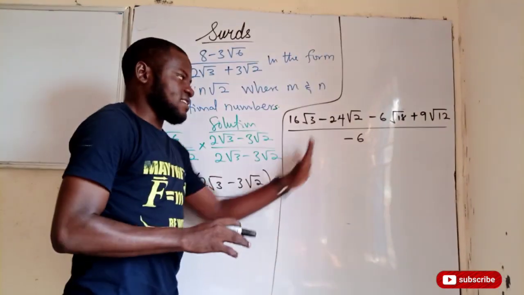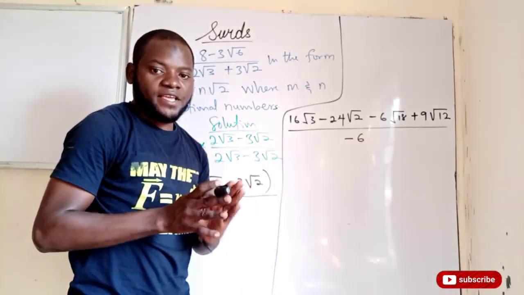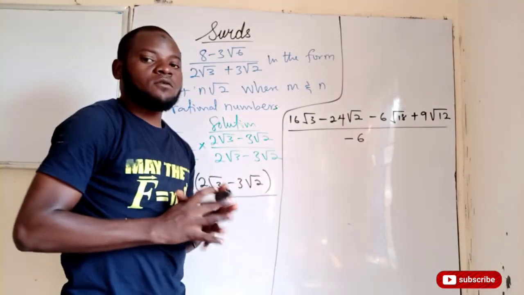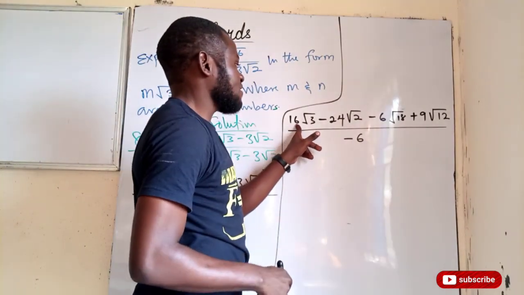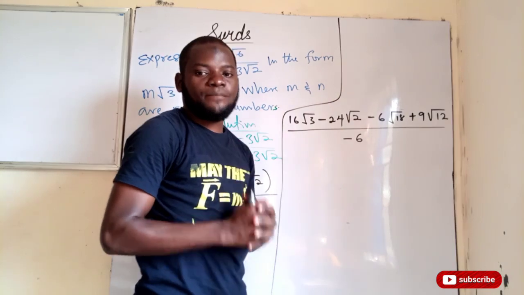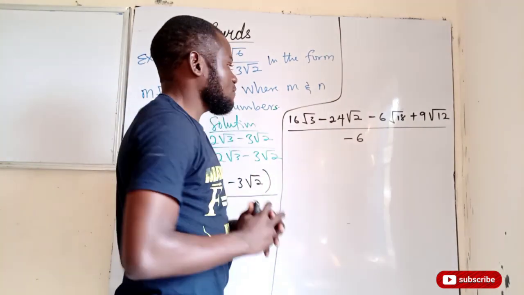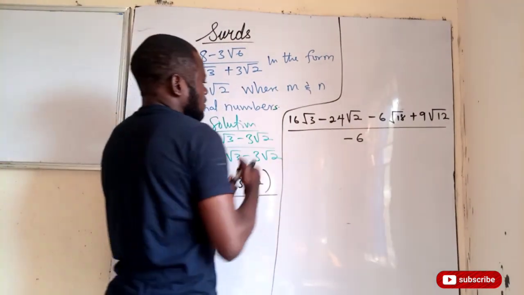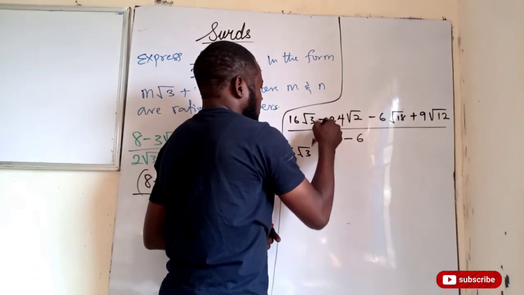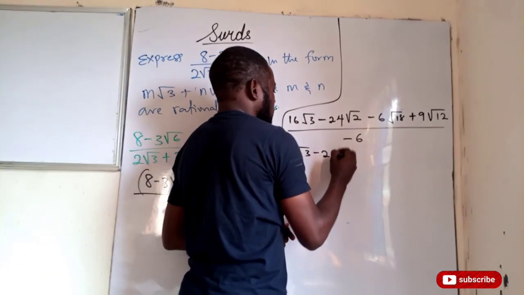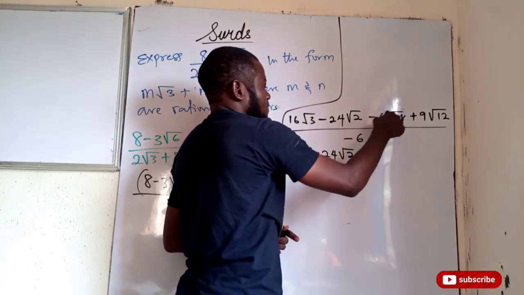If this should be the case, all these surds are not in their basic form. Let us make them be in their basic form. This is already in its basic form, so 16 root 3 remains. This is already in its basic form, so 24 root 2 remains the same.